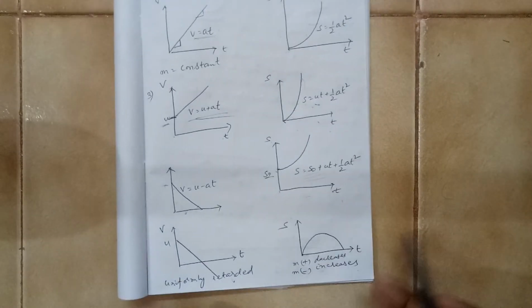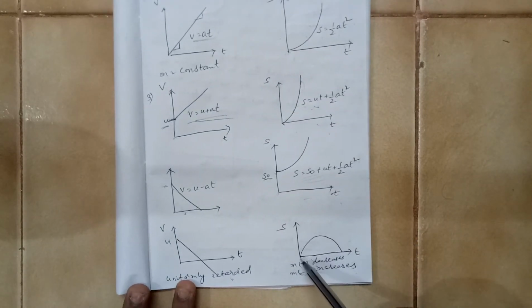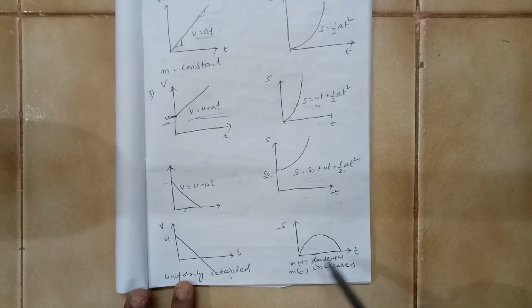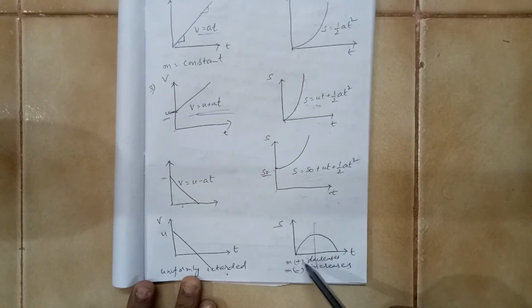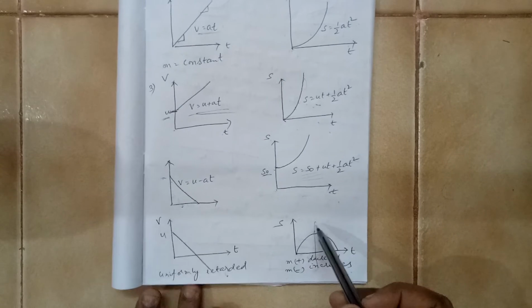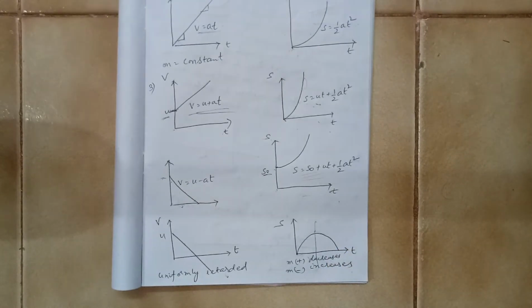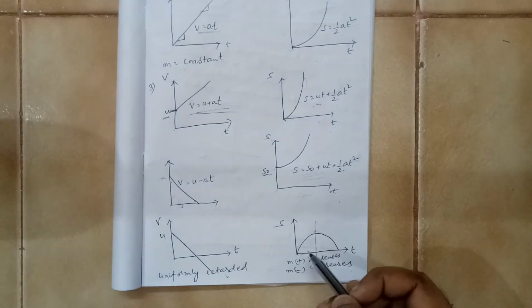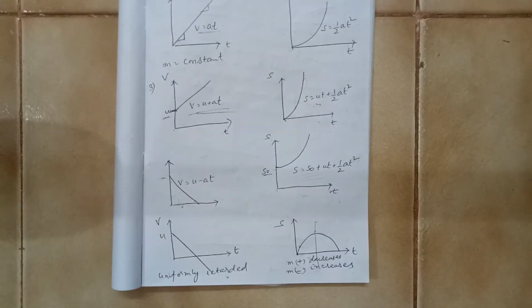If you see this graph, the ST curve, like a parabola it has been shown. For half of the portion, the slope is positive, and for the remaining half, the slope is negative. Alright. If you want to know what is the slope, you need to draw a tangent over there.